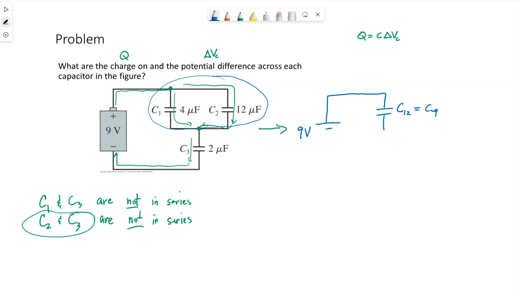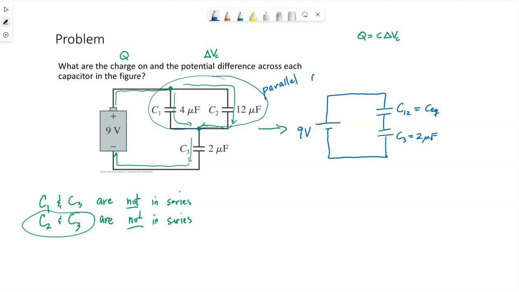This is an equivalent capacitance. We still have C3, which is 2 microfarads. Regardless of whether we choose to go through C1 or C2, we must go through C3. Okay, so C1 and C2, because we can choose either C1 or C2, that means these are connected in parallel.